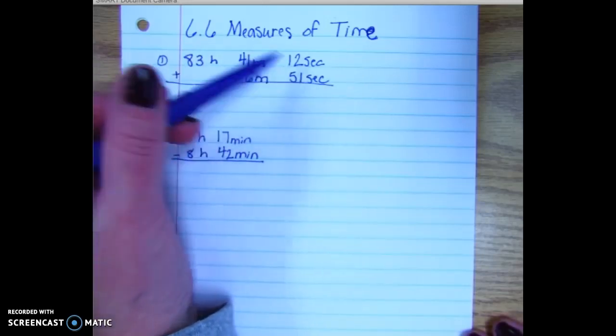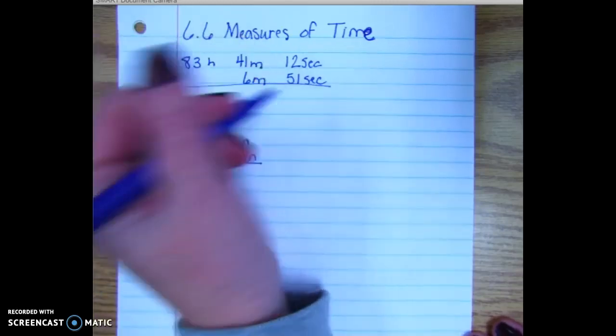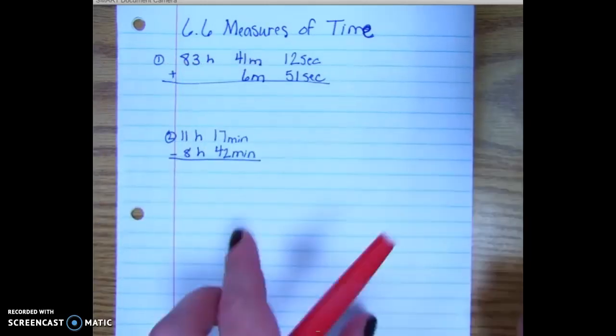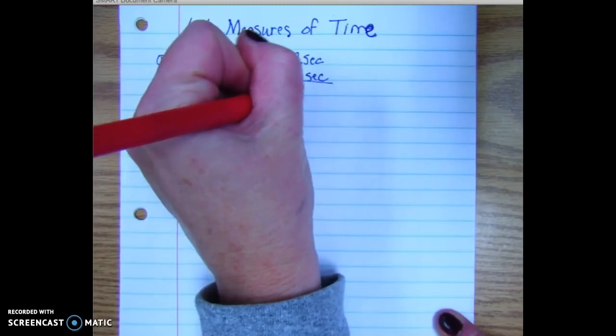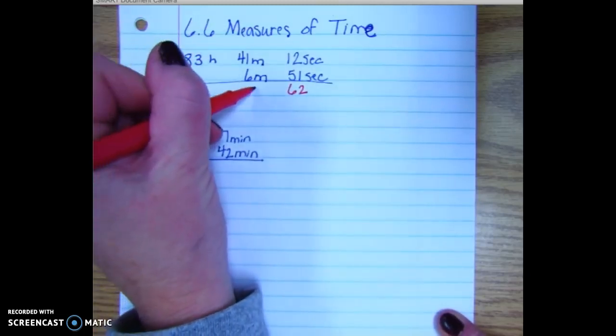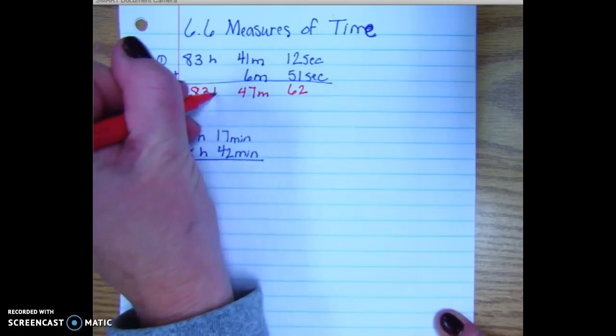Here's my seconds column, my minutes column, and my hours column. So I'm simply going to add straight down, and I'm going to use my red pen so you can see my work. So I will have 62 seconds, and then 47 minutes, and then 83 hours.